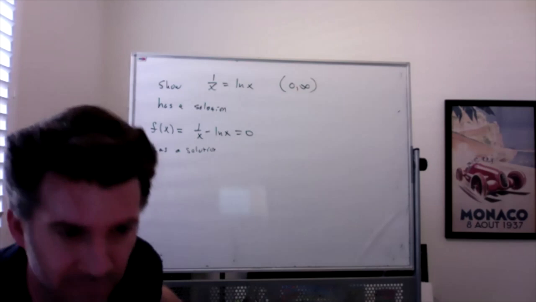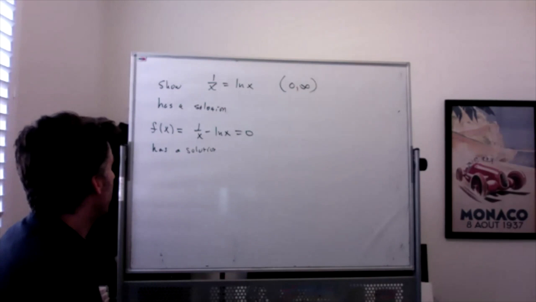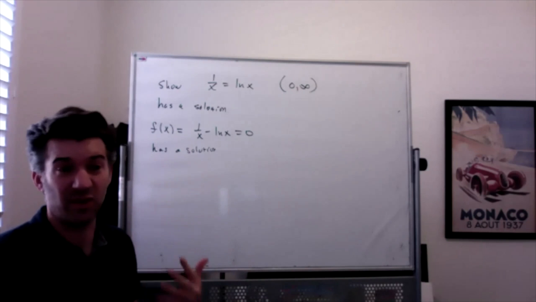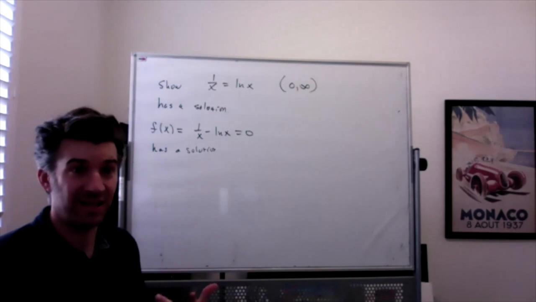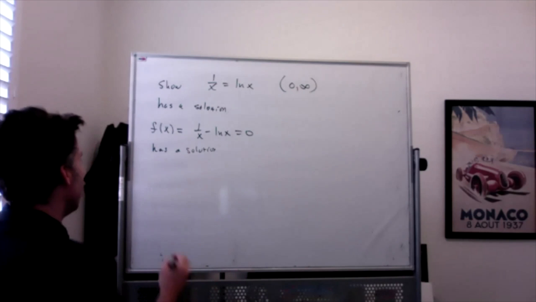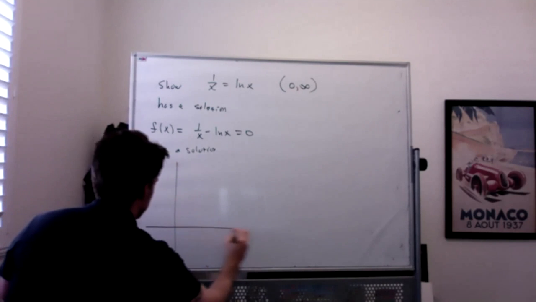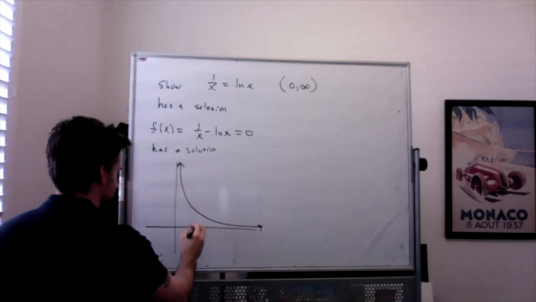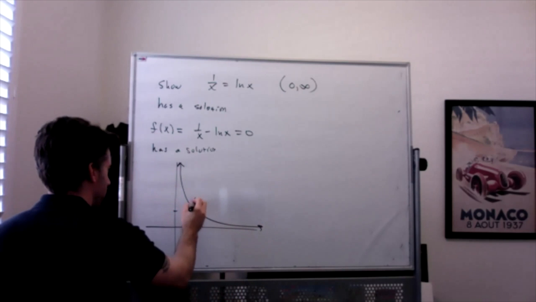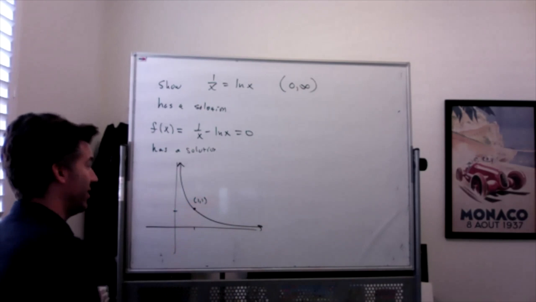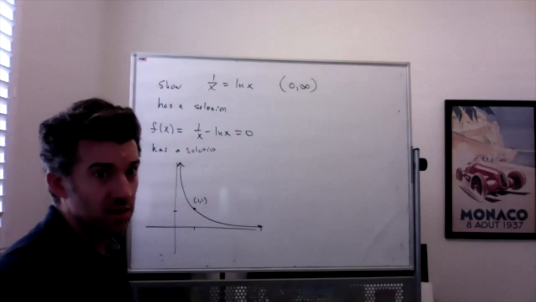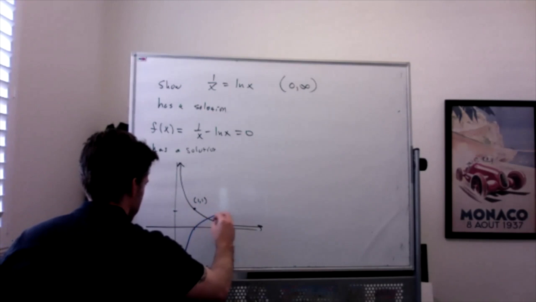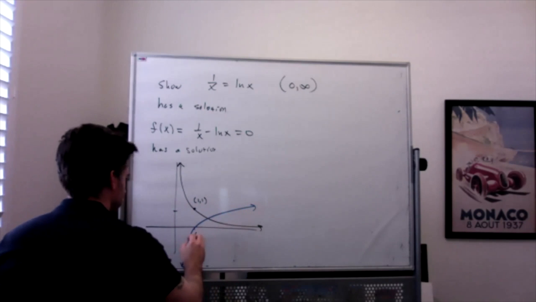Yeah, sorry. So this is where it's really good to have in your head ideas of what the graphs look like, because it's going to help you pick values. I know that 1 over x looks like this and has a point at 1, 1. I know the natural log of x looks like this and has a point at 1, 0.